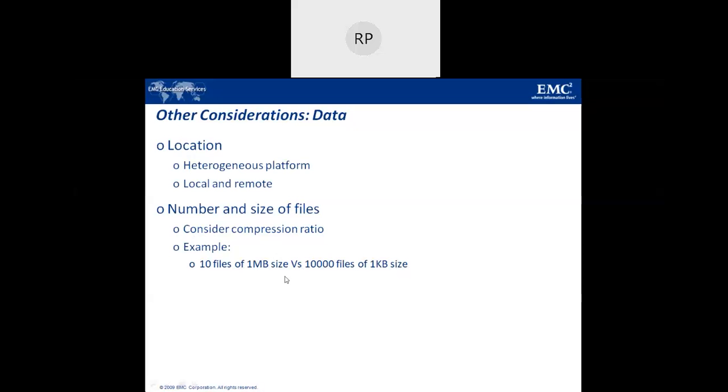You have to choose one of these: whether you want to make 10 files of 1 MB size or 10,000 files of 1 KB. The total size is the same, but the number of files and the size of each file vary. Like this, you need to consider the number and size of files.